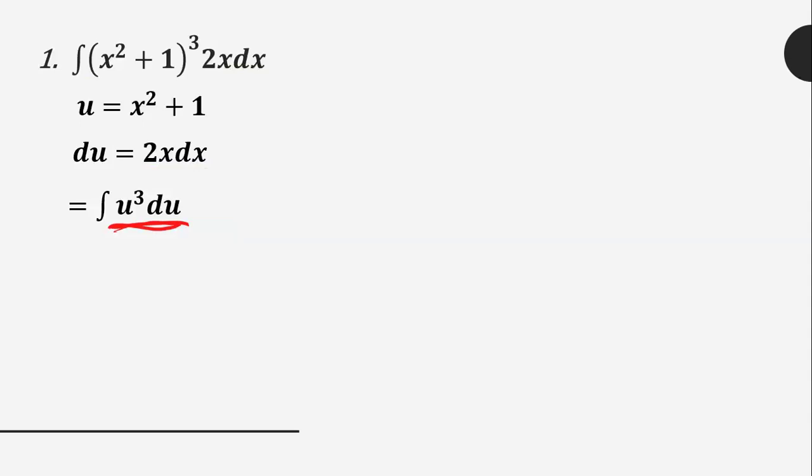So our variable of integration is with respect to u. So we will apply now the power rule of integration. So what is 3 plus 1 over 3 plus 1? So that becomes u to the 4th over 4.